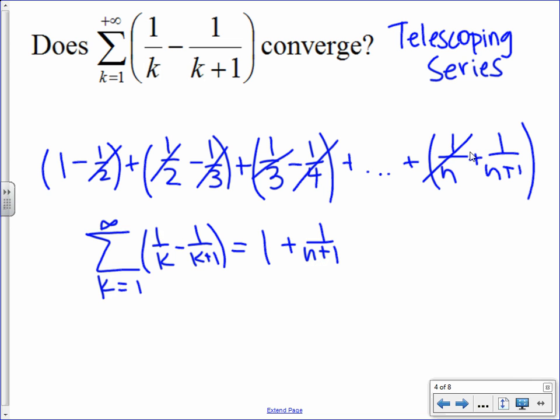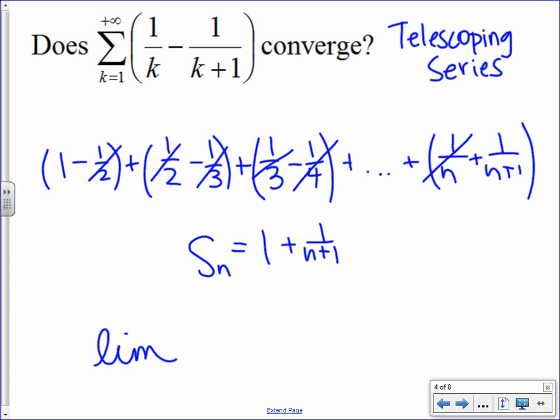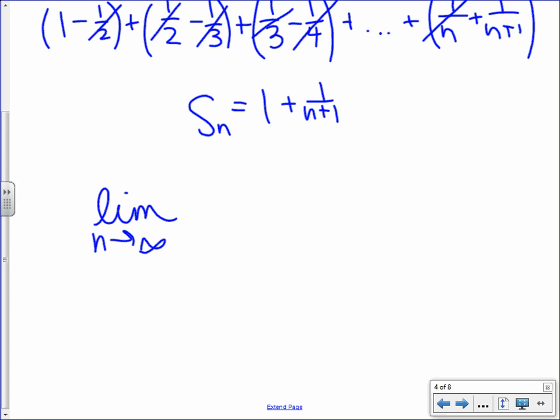I'm going to write this as the sum of the n terms. So what we can do is take the limit as n approaches infinity of 1 minus 1 over n plus 1. And what is that? 1.